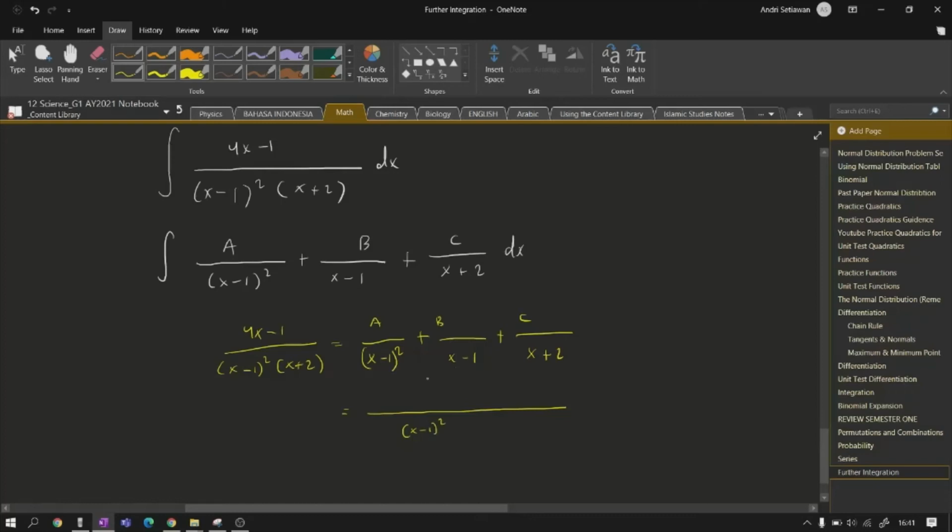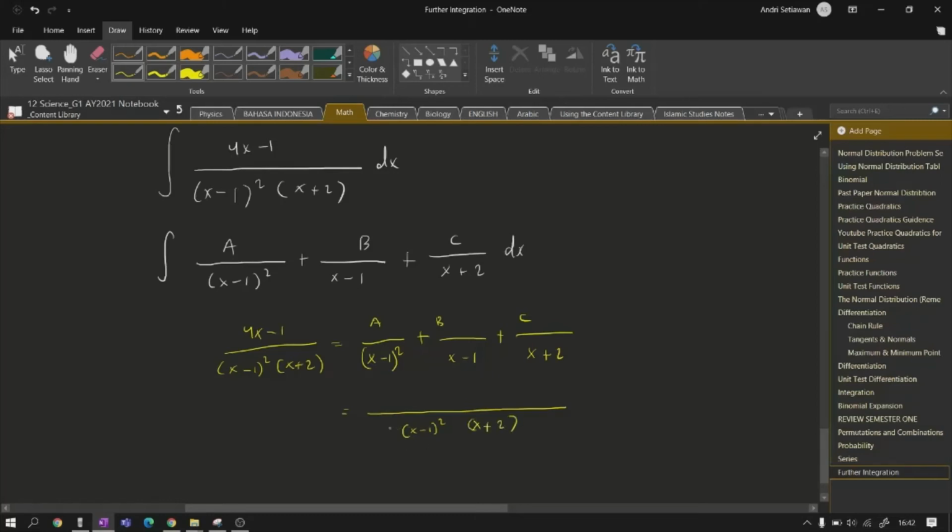You're not supposed to rewrite (x − 1) again, because (x − 1)² already has (x − 1) as a factor.